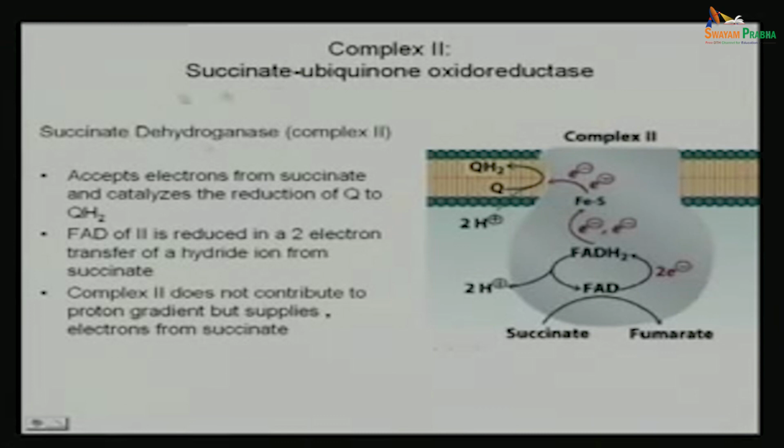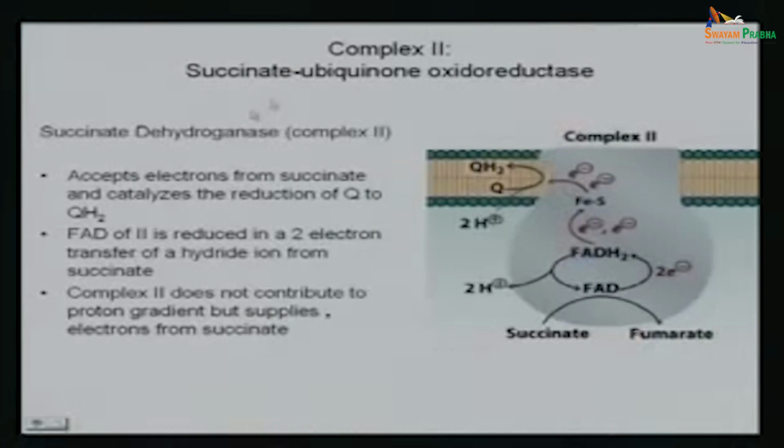Now, coming to complex 2, as I have told you, location-wise complex 2 is in the inner mitochondrial membrane, as succinate dehydrogenase, the enzyme which helps transfer the electron in complex 2, is present in the inner mitochondrial membrane.